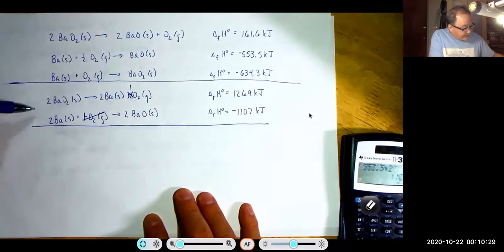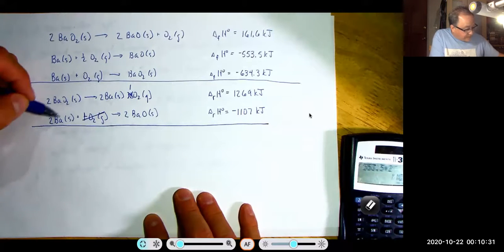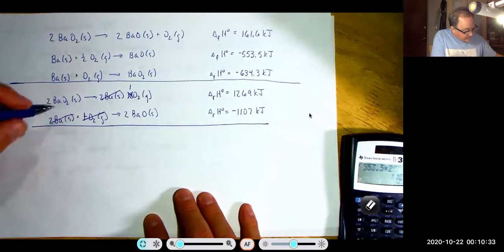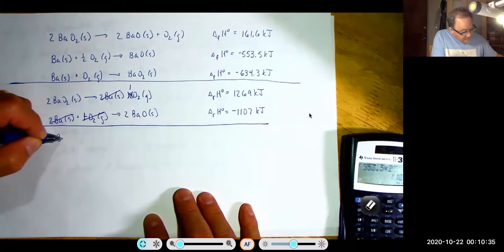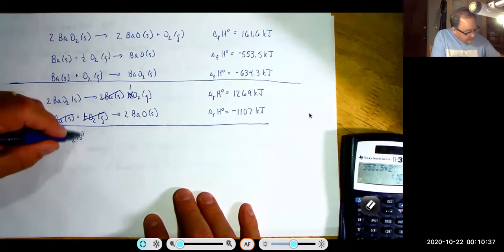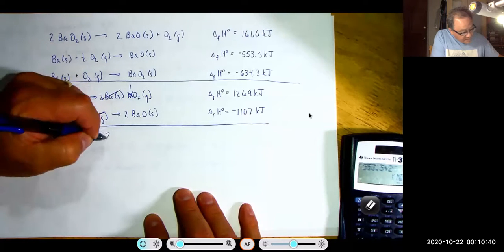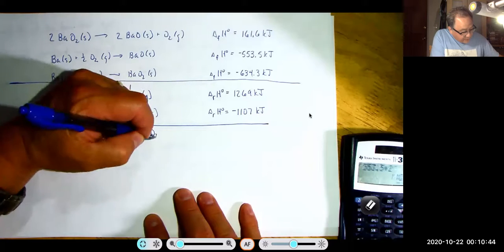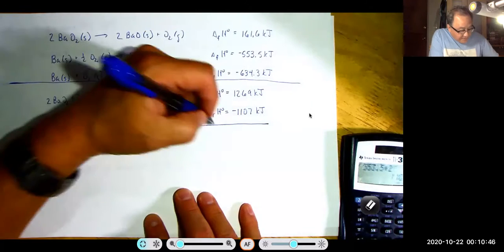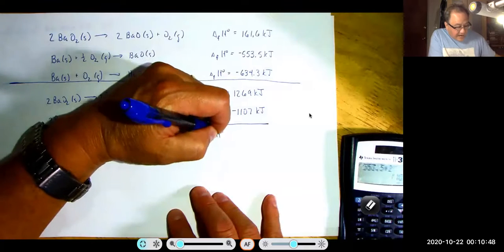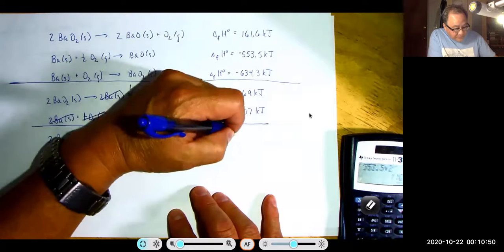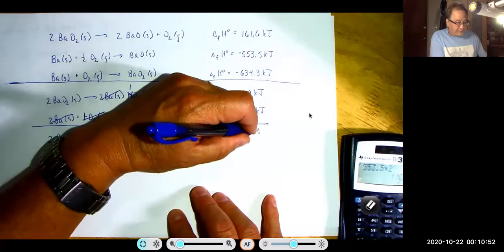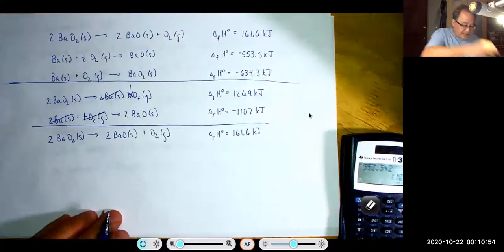You can see that the 2 bariums cancel with the 2 bariums, and we end up getting 2 barium superoxide turn into 2 barium oxide plus O2, and we add these 2 numbers up, and we get that the enthalpy of this reaction is the 161.6 kilojoules. So this is that number there.